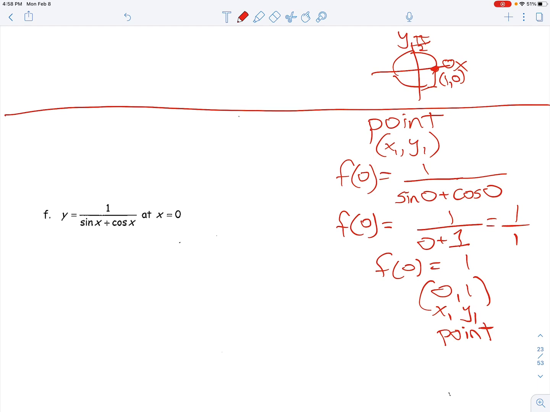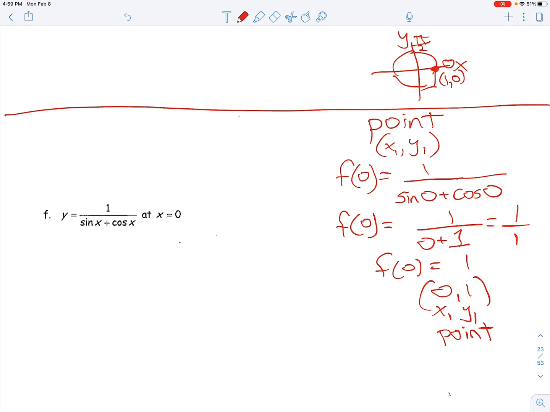And now we gotta get the derivative. What am I gonna do here to get the derivative? I'm thinking, do I want to do quotient rule or should I manipulate the exponents here?